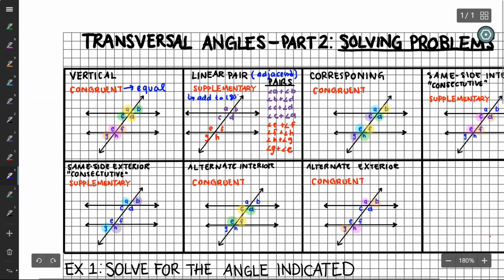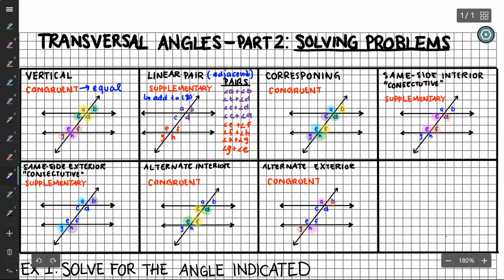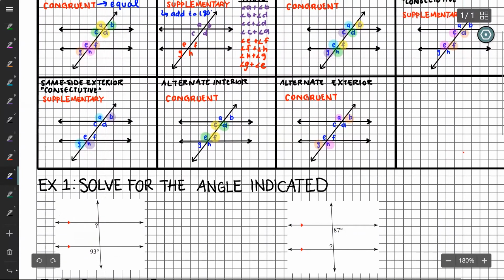Alright, so now we're going to go through 4 different types of problems that we can solve using the information from these angle pairs. Alright, so we're going to start off really easy. We're just going to solve for the measure of an angle. So what we want to do here first is figure out the relationship between the two angles. I'm going to go ahead and just highlight those.